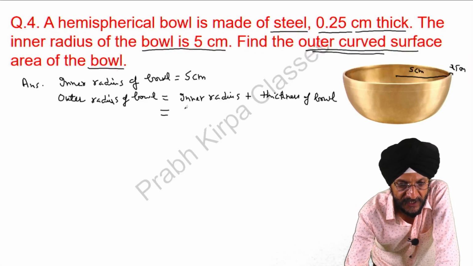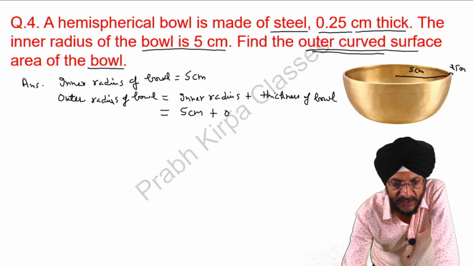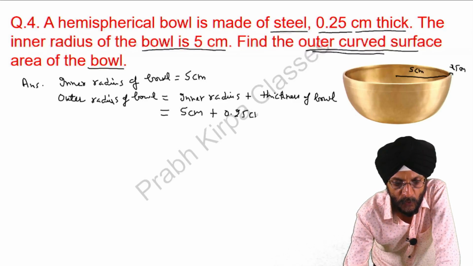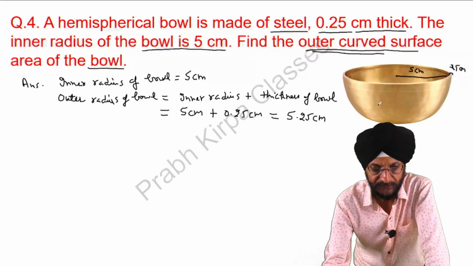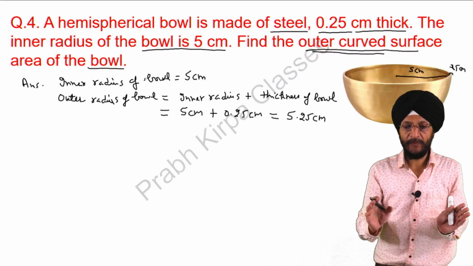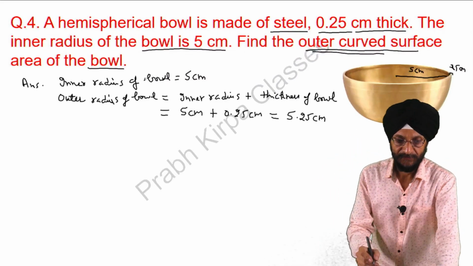What is the inner radius? It is 5 centimeter. What is the thickness? 0.25 centimeter. So now what is the outer radius? It is 5.25 centimeter. So far we have calculated only the outer radius.